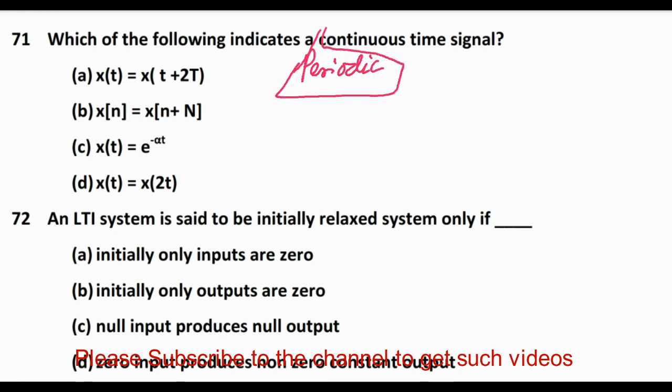Which of the following is a periodic continuous time signal? So this one is the periodic continuous time signal. This one is also periodic but not continuous. This one is for a discrete function, and this is not at all a periodic signal.